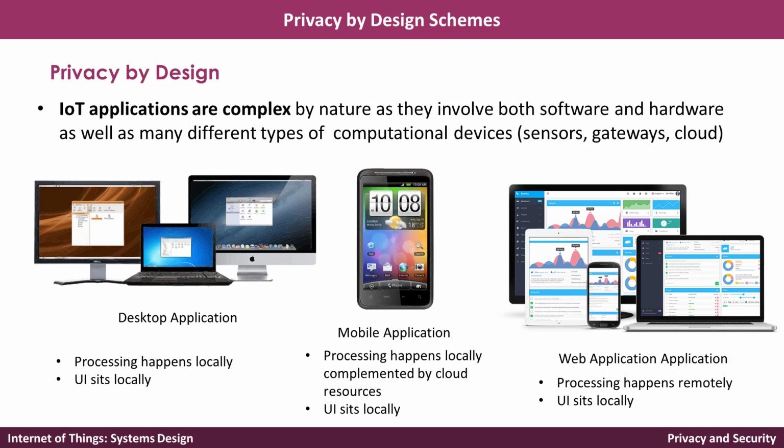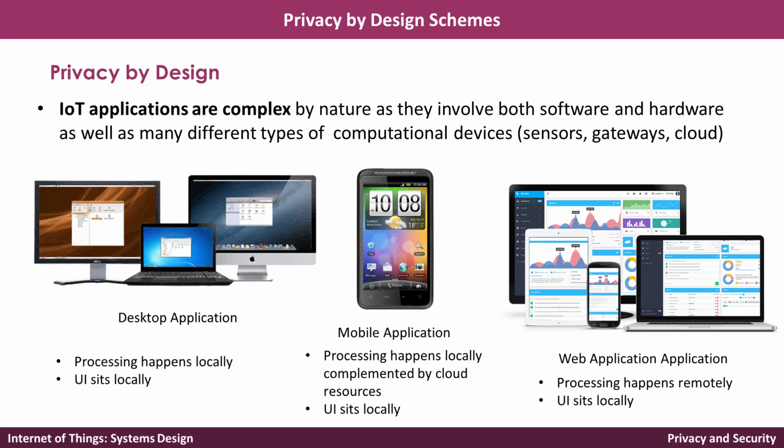In mobile applications, the UI or the user interactions happen within the mobile phone, and then the computation probably happens most of the time within the cloud, and maybe a little bit within the mobile phone as well. In the web applications, the UI sits locally, and then the entire processing happens behind the scene in the cloud. So these are the three variations.